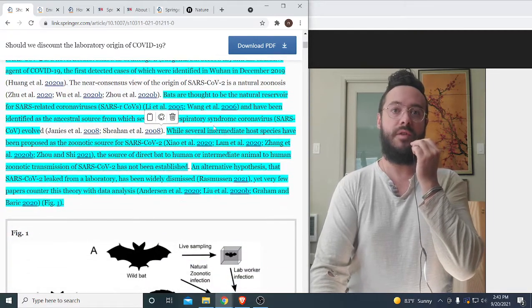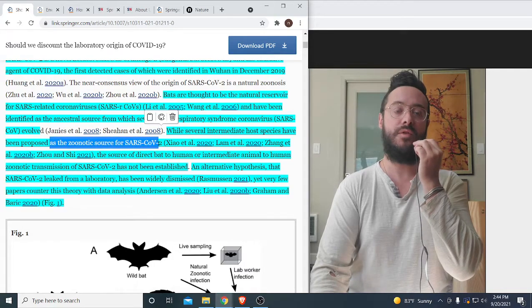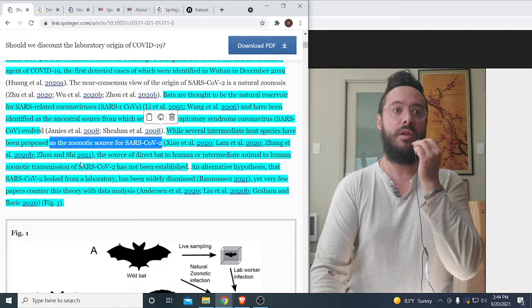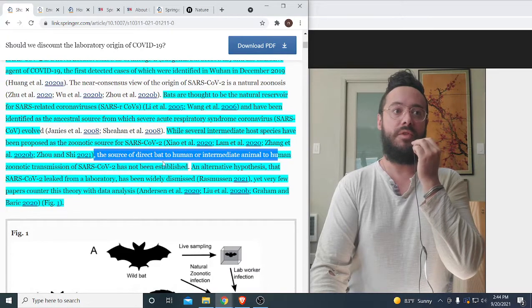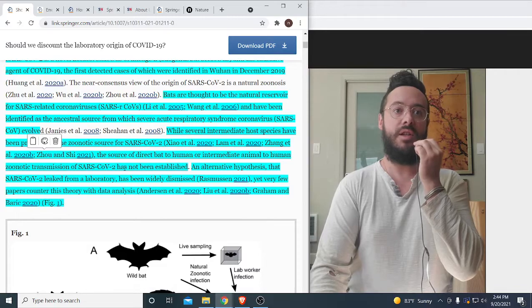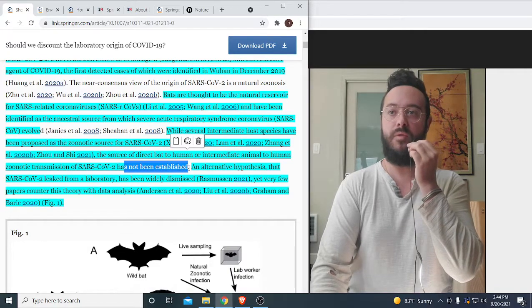While several intermediate host species have been proposed as the zoonotic source of SARS-CoV-2, the source of direct bat to human or intermediate animal to human zoonotic transmission has not yet been established.